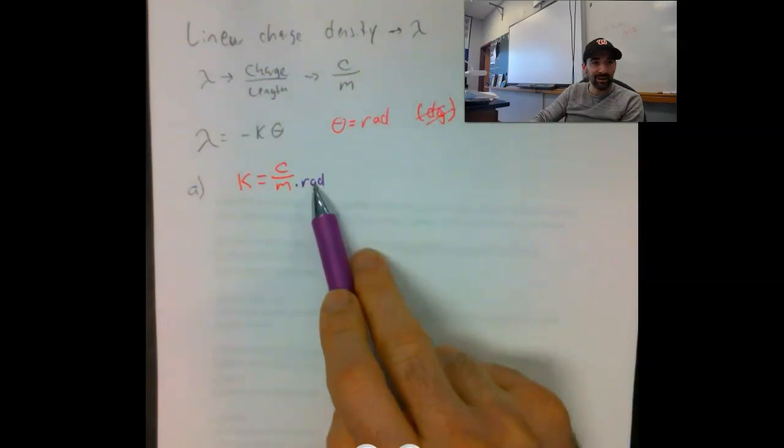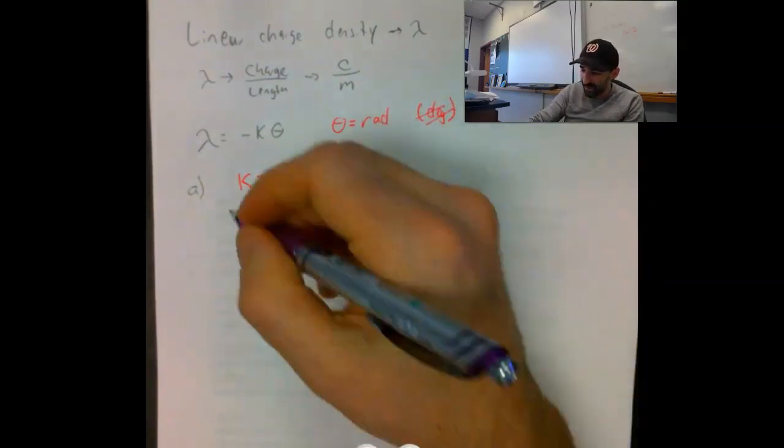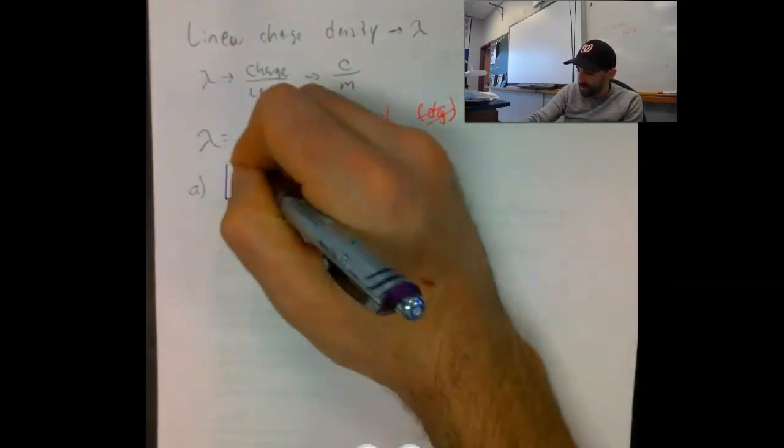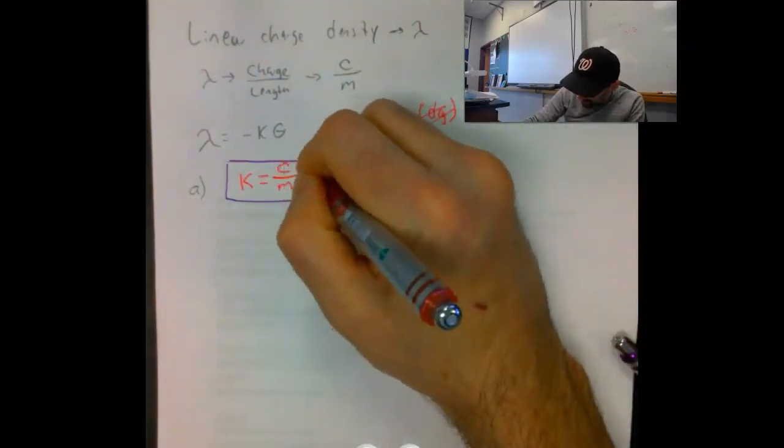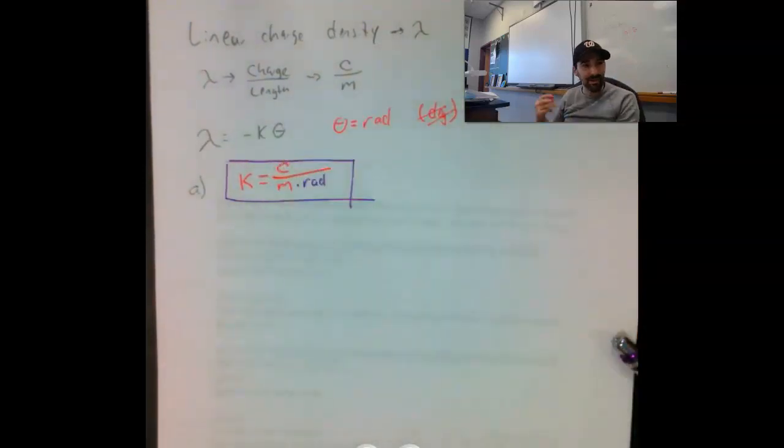Then that radian will cancel with that radian, left with coulombs per meter, and that is beautiful. Dimensional analysis for K: K has to be a coulomb divided by a meter times radian. So that's part A. Part B now, derive an expression for an electric field at the center of the semicircle.